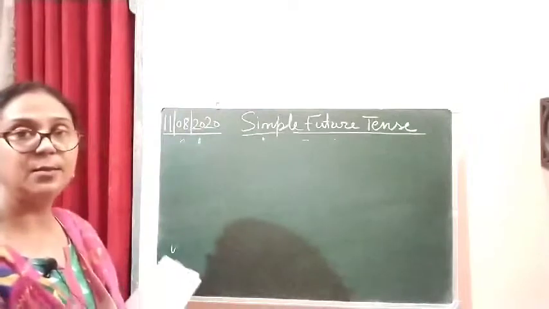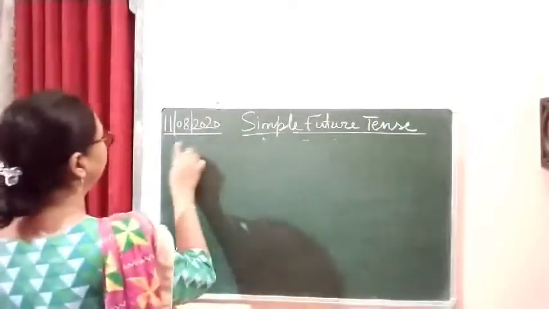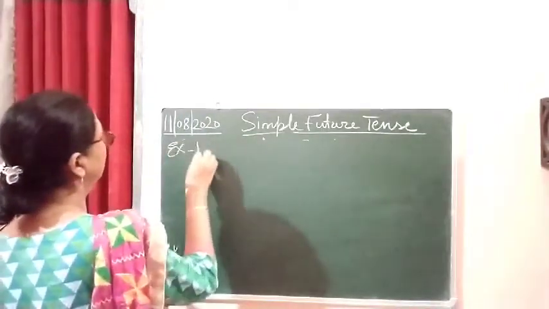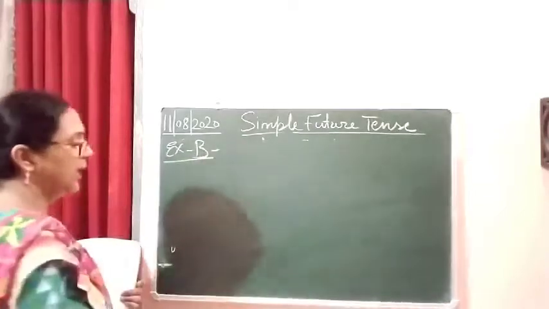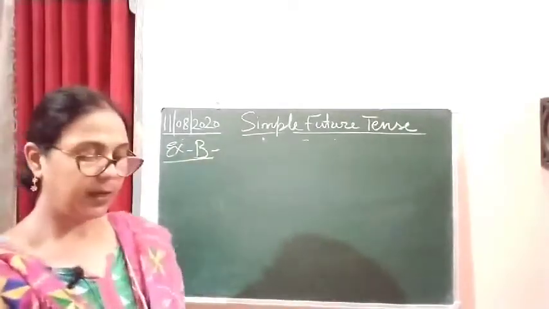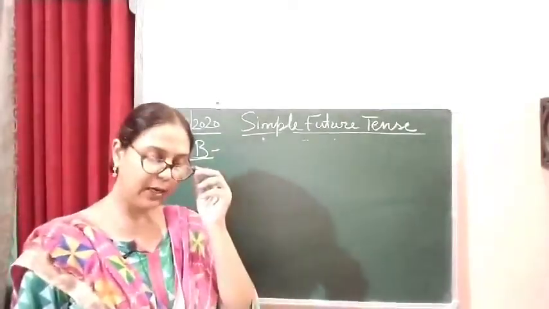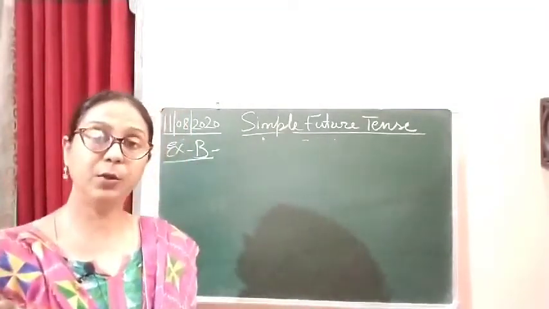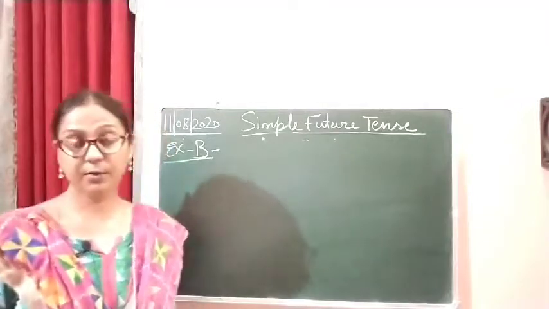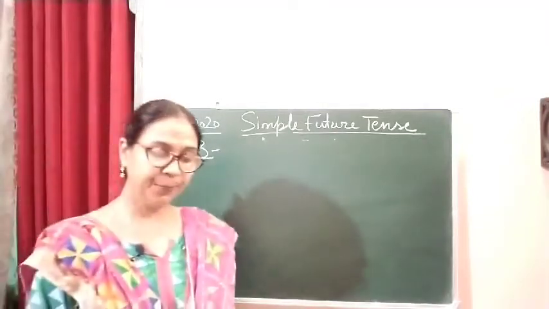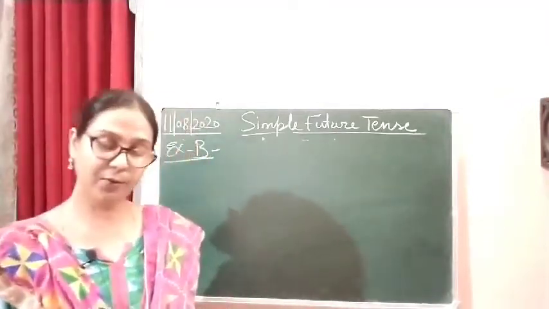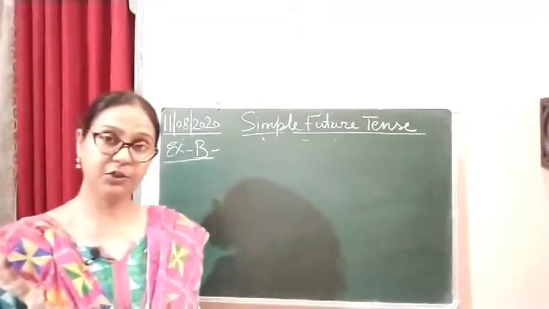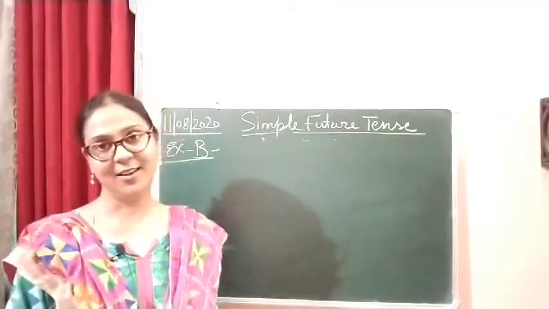Rewrite the following in negative and interrogative forms in the simple future tense. Here we are going to write negative and interrogative forms, both of which we have learned.